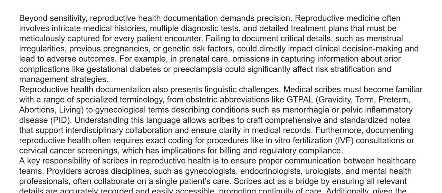Failing to document critical details such as menstrual irregularities, previous pregnancies, or genetic risk factors could directly impact clinical decision making and lead to adverse outcomes. For example, in prenatal care or antenatal care, omissions in capturing information about prior complications like gestational diabetes or preeclampsia could significantly affect risk stratification and management strategies.